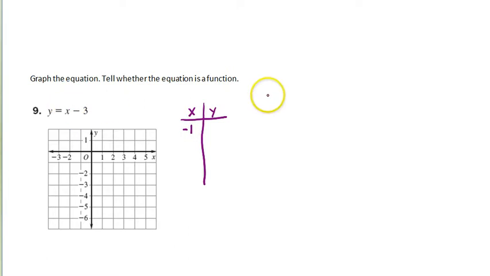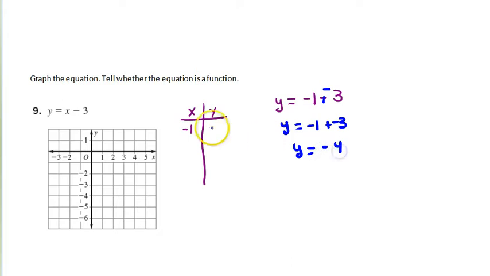So if I plug -1 in for x, y equals -1 minus 3. I'm going to DPS it. I get y equals -1 plus -3, or y equals -4. So there's my y. Now let's try 0.